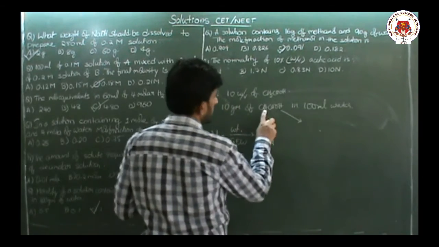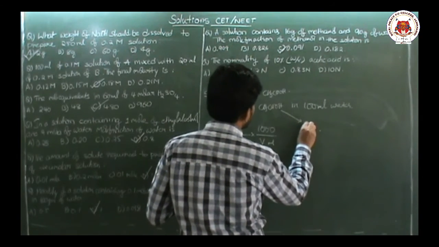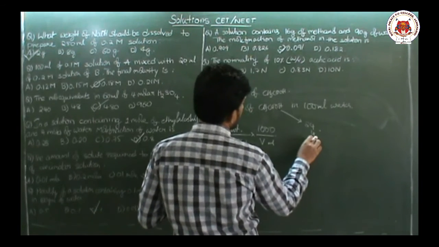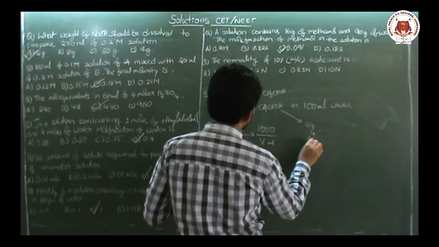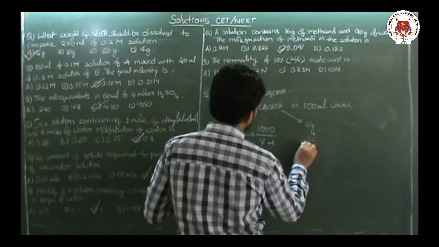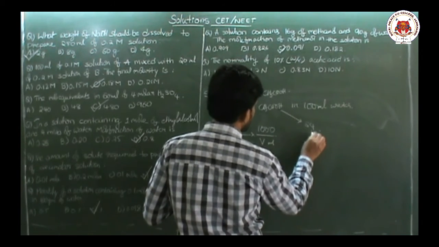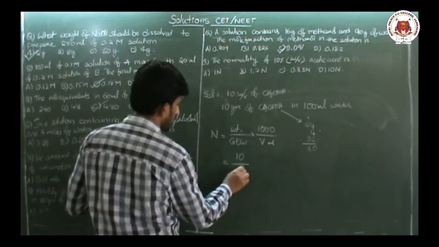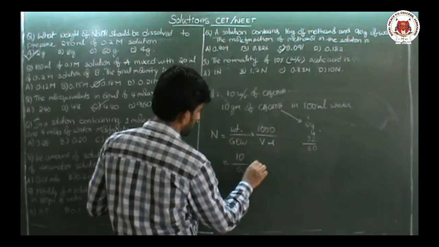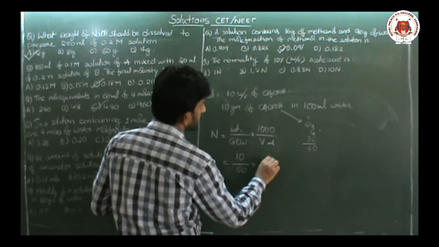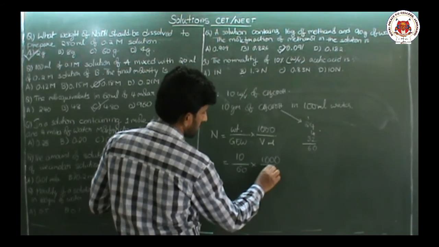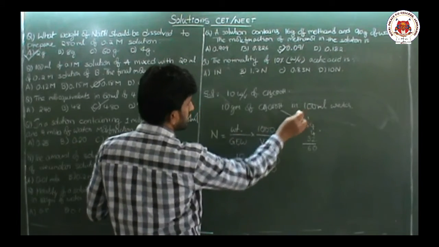Okay, so 2 carbons is 24, 4 hydrogens, 2 oxygens means 32. So this is 60. That means 10 by 60 into 1000 divided by, what is the volume? 100 ml.